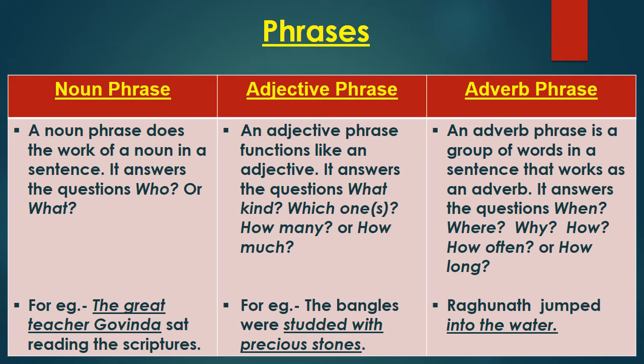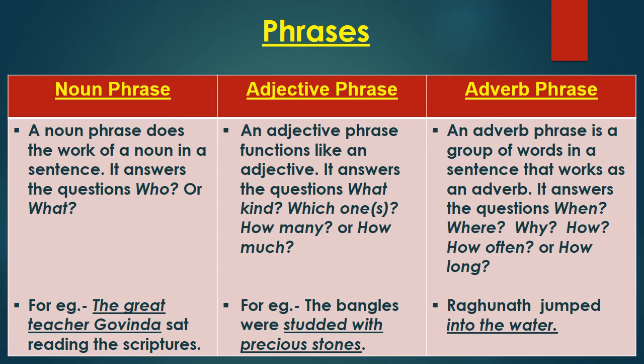An adverb phrase is a group of words in a sentence that works as an adverb. All of you know what an adverb is. An adverb qualifies a verb. So if a group of words does the work of an adverb, it is called an adverb phrase.